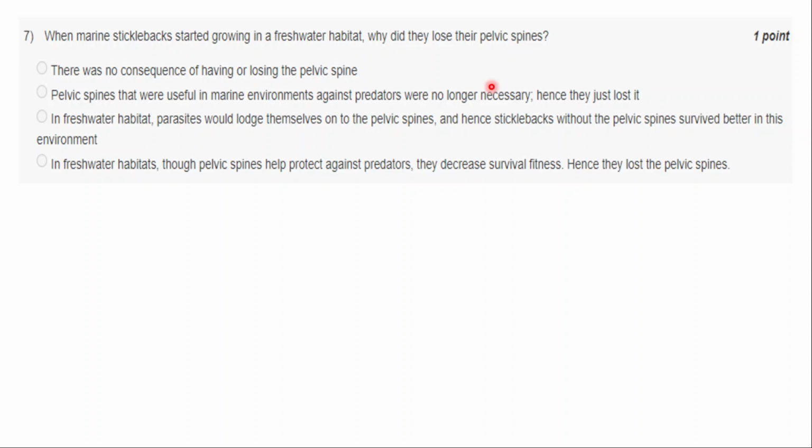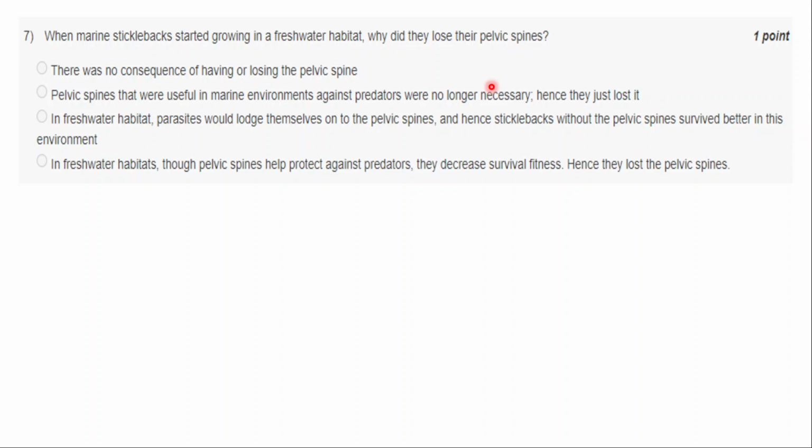Option D: in freshwater habitats, though pelvic spines help protect against predators, they decrease survival fitness. Hence, they lost the pelvic spines. So these are four explanatory statements. You have to tell me which is the correct reason why marine sticklebacks are losing their pelvic spines.